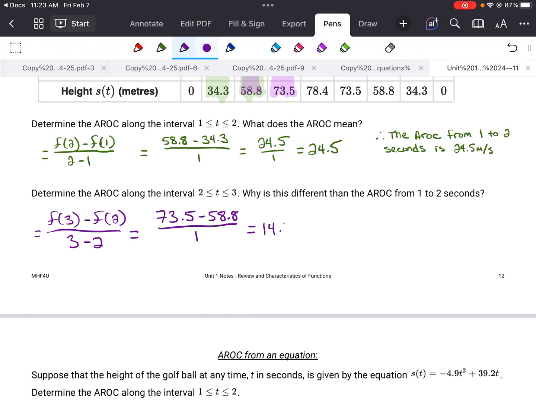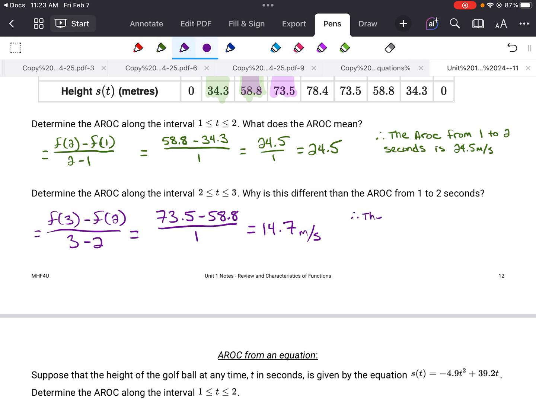And we get an AROC of 14.7 meters per second. And why is this different? Well, this is not a linear line. The ball doesn't just keep going up and up and up forever and ever. It is most likely a quadratic, so it's slowing down.